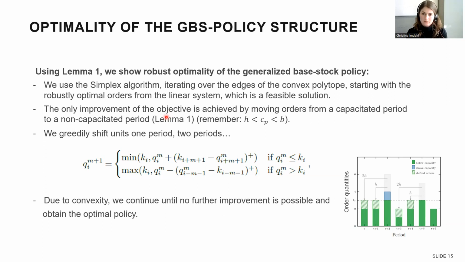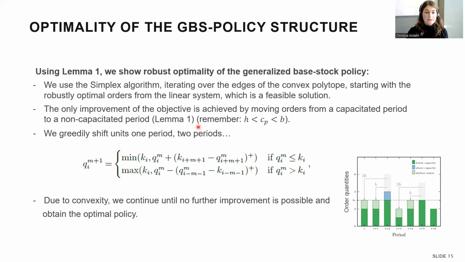So by doing that, since H is smaller than CP, smaller than D, we can save by advancing orders. So whenever we advance an order, then we save the cost premium, but we pay H, and the difference is positive. So we're saving if we're advancing orders.